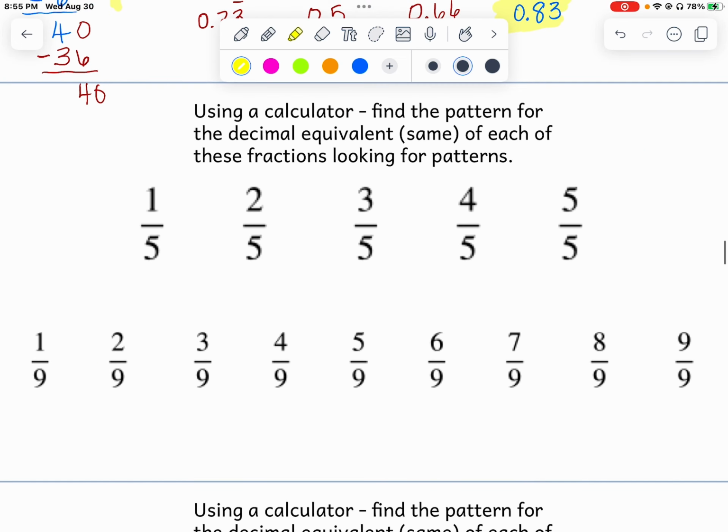Right, see if you guys can figure out the pattern for 1/5, 2/5, 3/5, 4/5, 5/5. I'll give you a small hint. Find the equivalents if these were all fractions over 10. Then the decimal should fall right out at you.